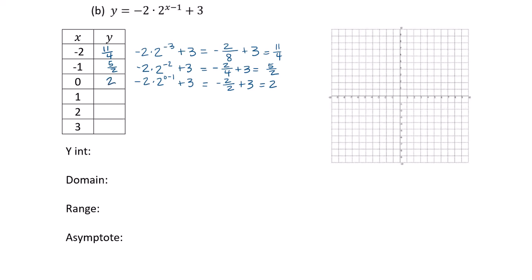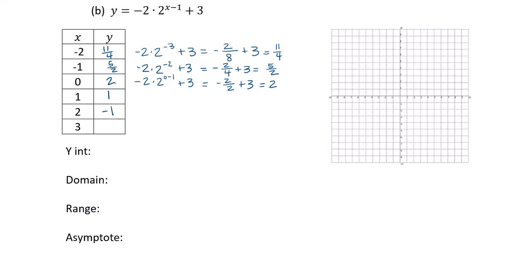For 1, 1 minus 1 is 0, 2 to the 0 is 1, times negative 2 is negative 2, plus 3 is 1. For an x value of 2, 2 minus 1 is 1, 2 to the 1 is 2, 2 times negative 2 is negative 4, and negative 4 plus 3 is negative 1.